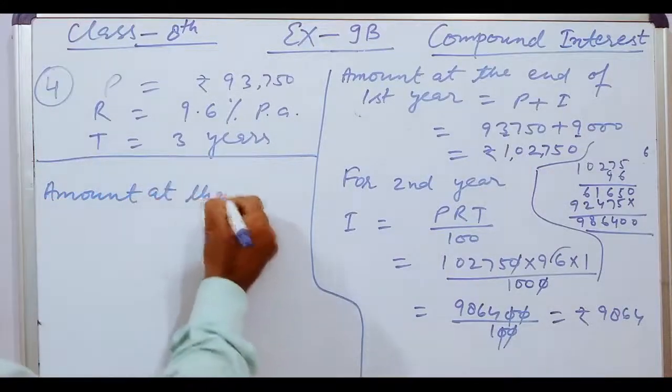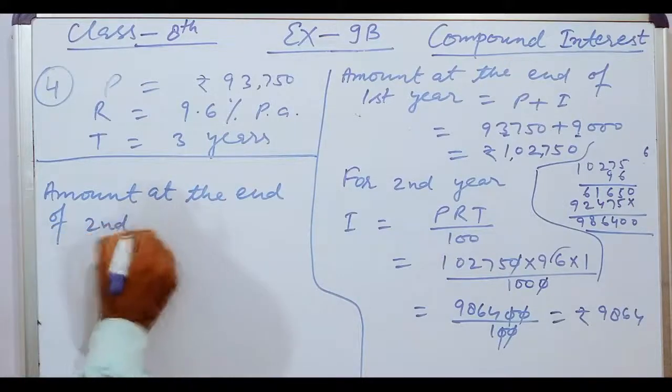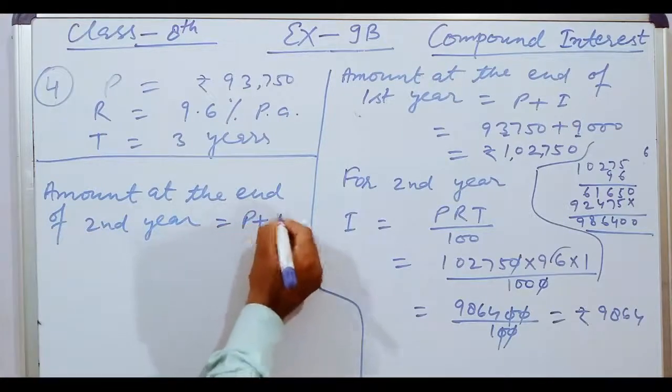Now the amount at the end of the second year equals principal plus interest.